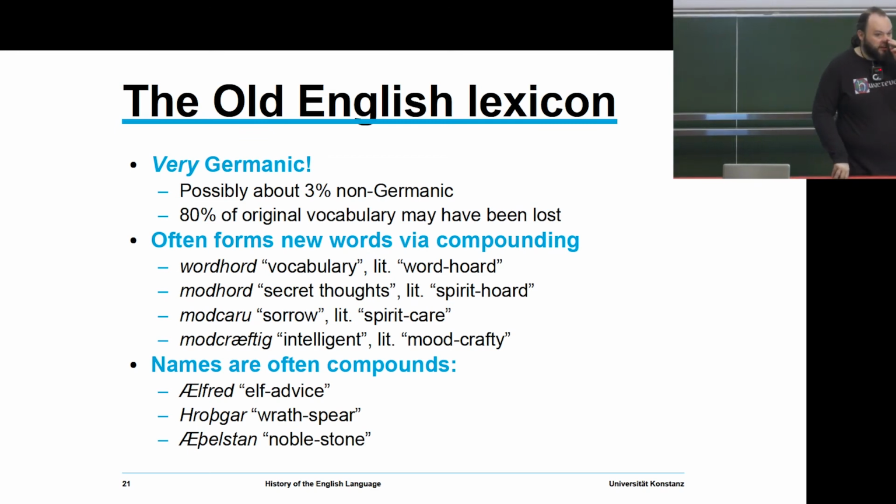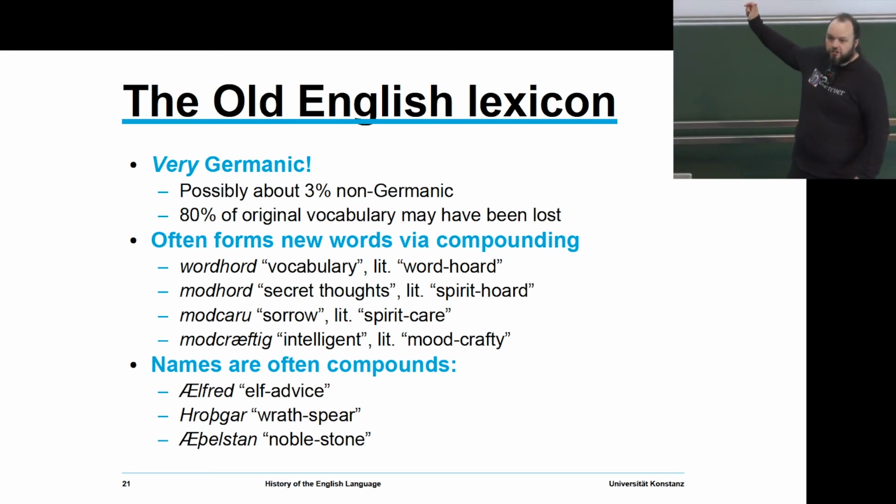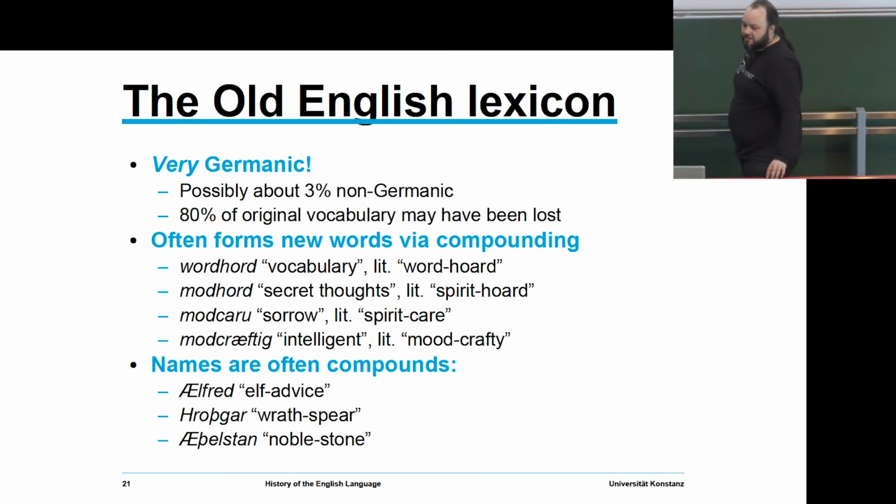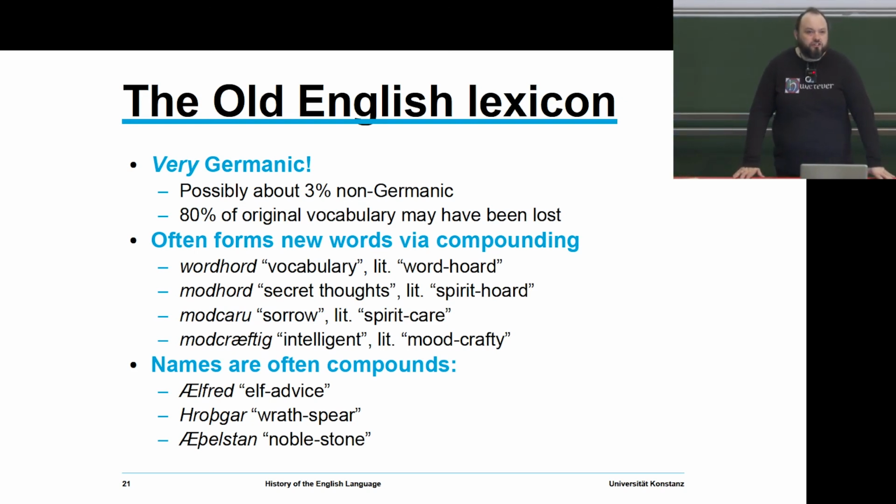So we've got here the word wordhoard, and a wordhoard is a very nice word which occurs in Beowulf. It means a word hoard, a collection of words, like a treasury of words. And it means vocabulary. If someone has a really big word hoard in Old English, it means that they've got a big vocabulary.